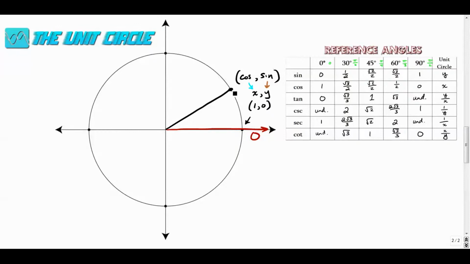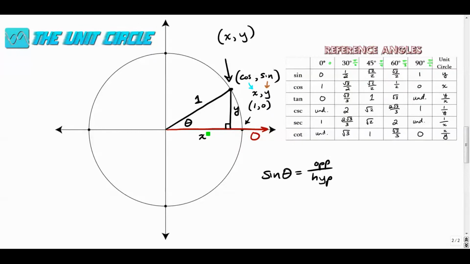That comes back to this idea: if we were to draw a reference triangle and look at this angle theta, I know that this radius is 1 because the radius is 1 all the way around the unit circle. So let's assume this distance is x and this distance is y. That means this point is (x, y). If we think back to our sine and cosine values, the sine of an angle is opposite over hypotenuse.